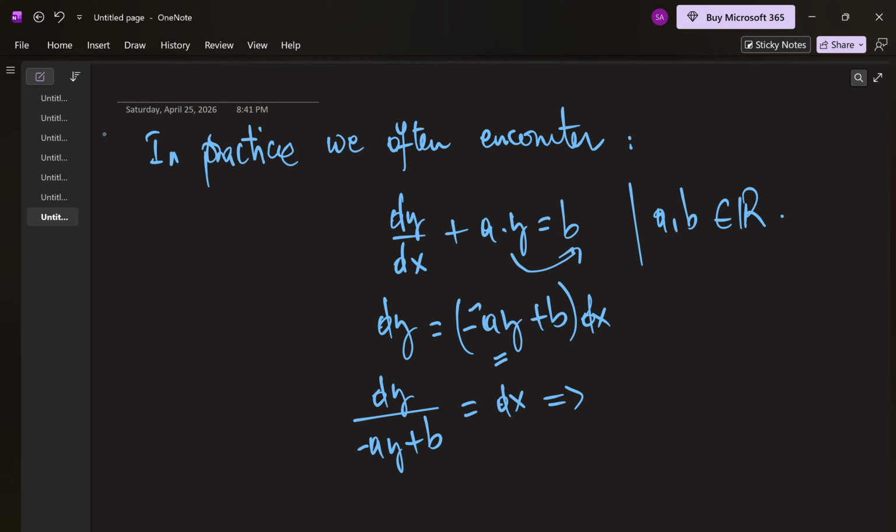By integration you will get minus 1 over a times ln of a y plus b is equal to x plus some constant c.